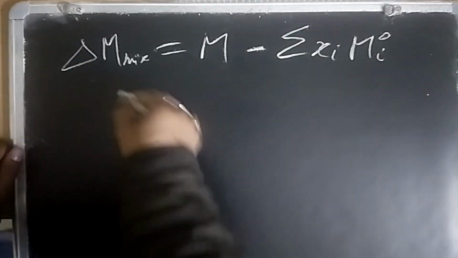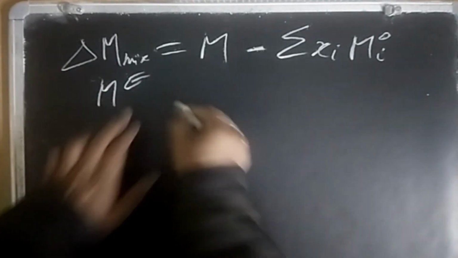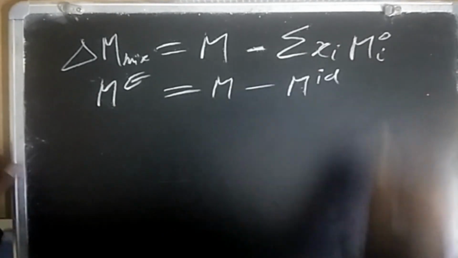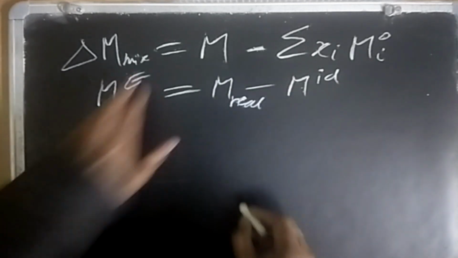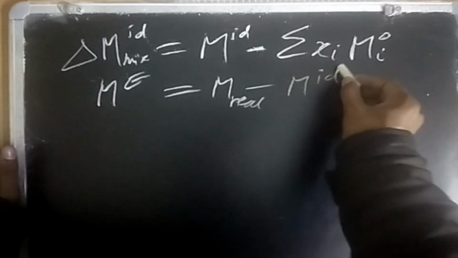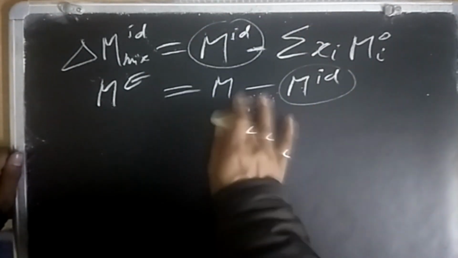We can actually put G and other things, but let me just tell you something: the excess property is M real minus M ideal. If I write real, and for ideal mixing, let's write ideal. Now substitute this with this, so we get M real, we write it as M only.